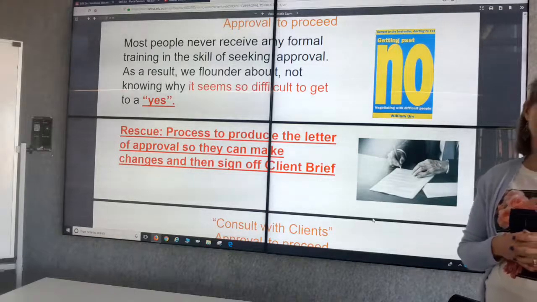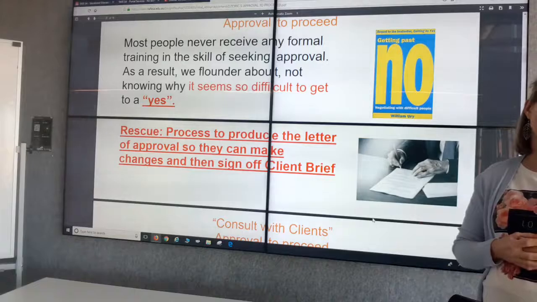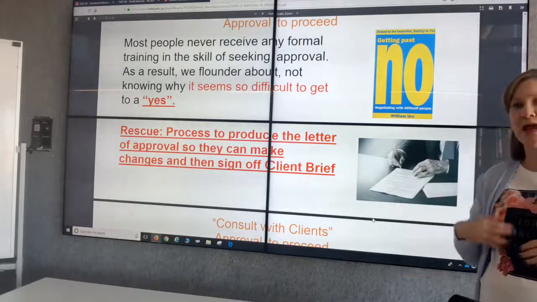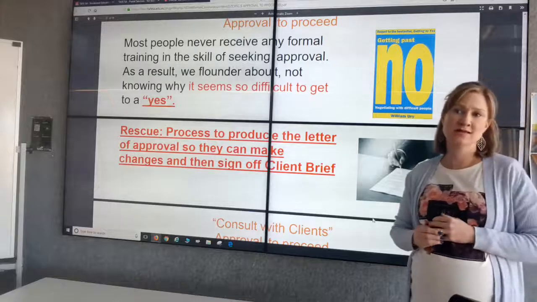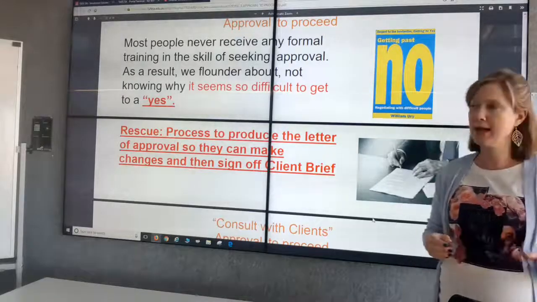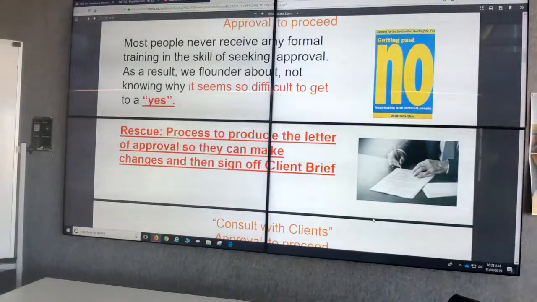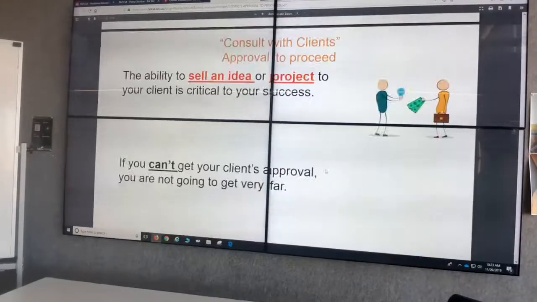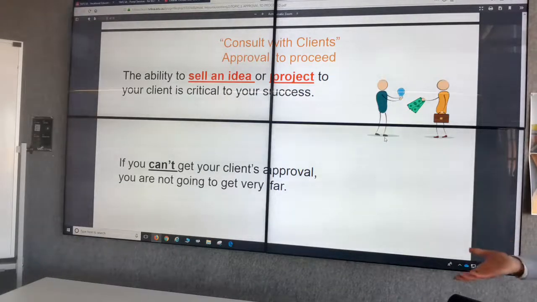Either it was out of our budget, or they're going through their builder, and the builder has chosen someone else, etc. So with that, we really want to get to this part here where we want to be able to get that sale. And I call it a sale because that's actually what it is. It's a service sale. It's not a product sale.